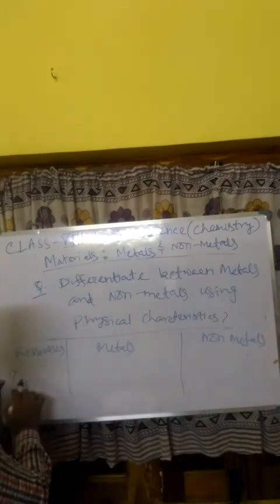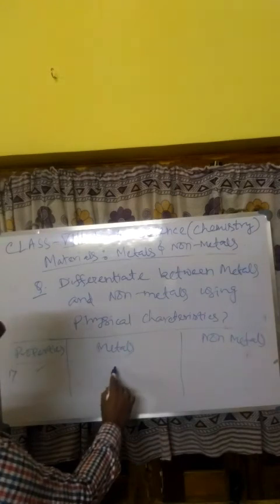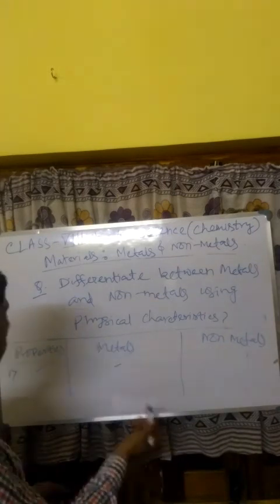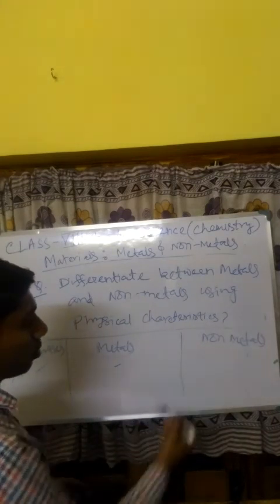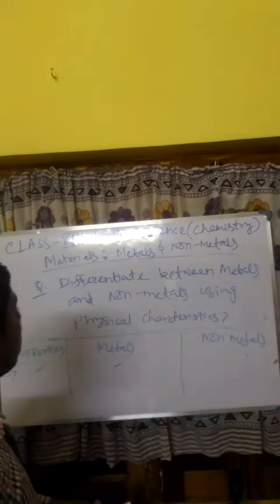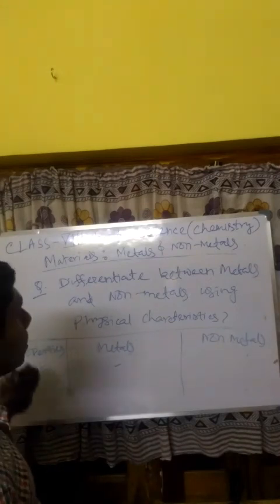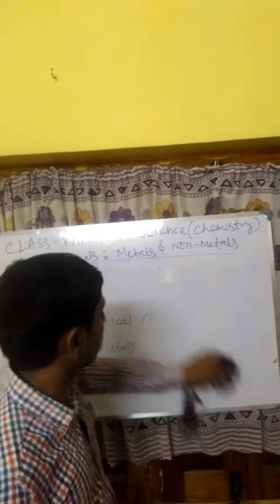Then the properties, that is malleability, ductility, sonorous, will come here, and for metals, the observation which responds to this test comes here, and the non-metals observation will come here. Now these are the physical properties of metals and non-metals.